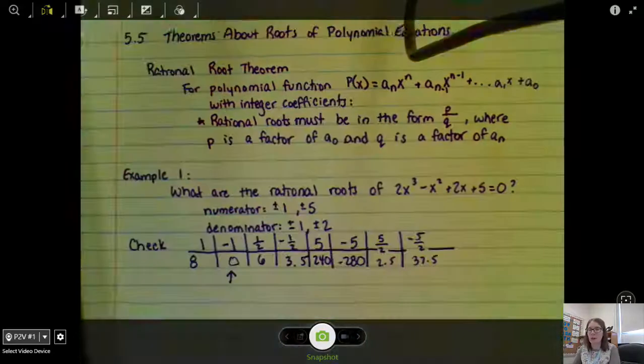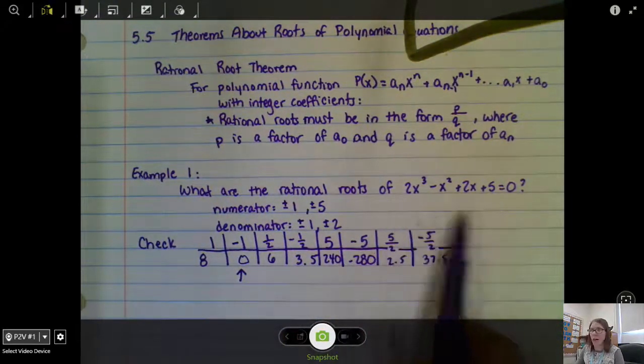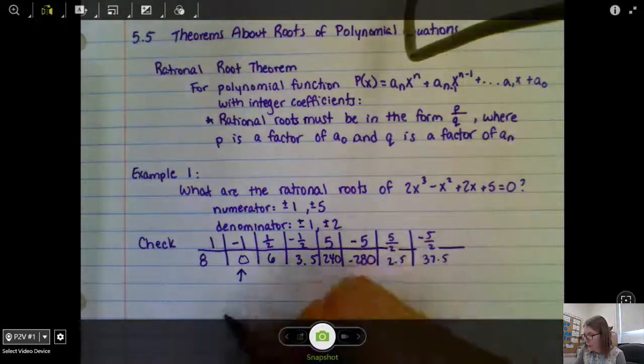So this tells us that our only rational root for our equation here is at x equals -1.